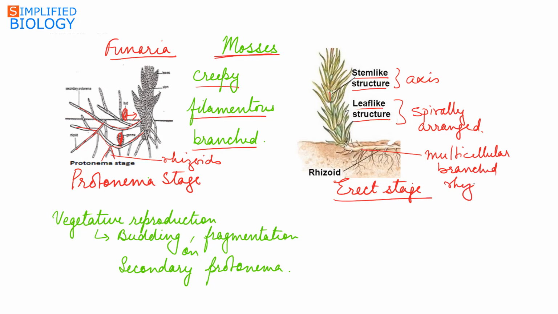So the erect stage consists of multicellular branched rhizoids, a stem-like axis, and the leaf-like structures which are spirally arranged on the axis.